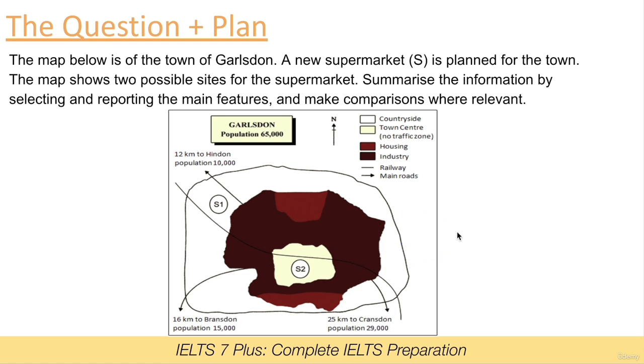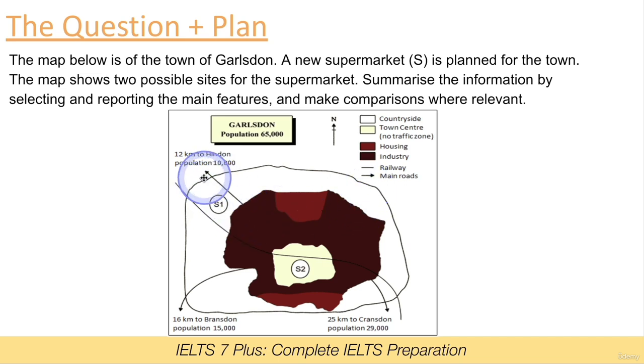Okay, so initial thoughts. We've got S1, which is surrounded by the countryside. We can think about our directions here. Here's a bit of a clue. So surrounded by countryside on all sides, in all directions. We've got transport. What have we got here?